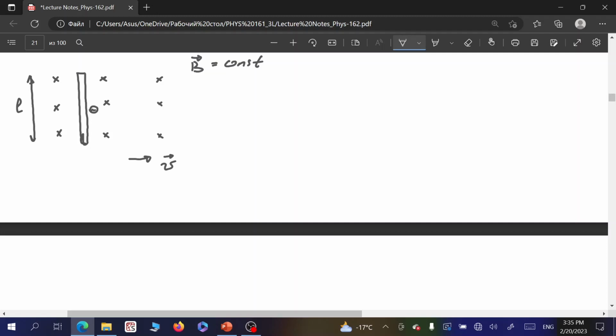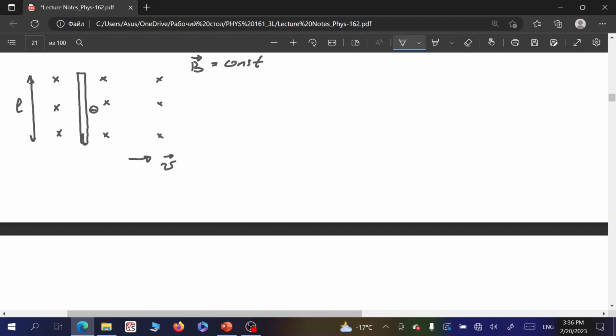And now what happens with them as we move this conductor in external magnetic field? There is magnetic force exerted on mobile charges, which are moving in external magnetic field.